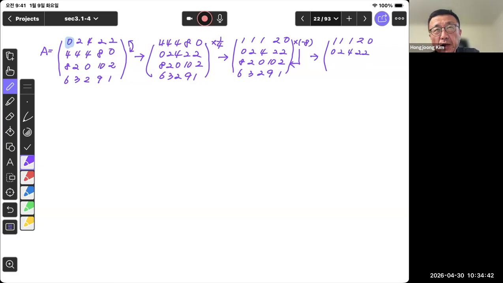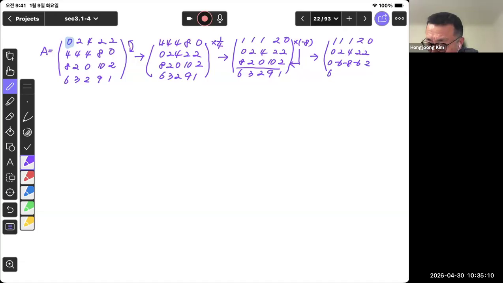Multiplying negative 8 to the first row gives negative 8, negative 8, negative 8, negative 16, and 0. Adding those to the third row entries, the numbers become 0, negative 6, negative 8, negative 6, and 2.